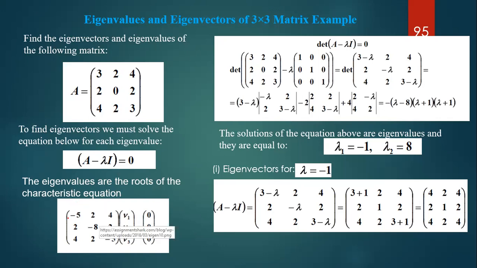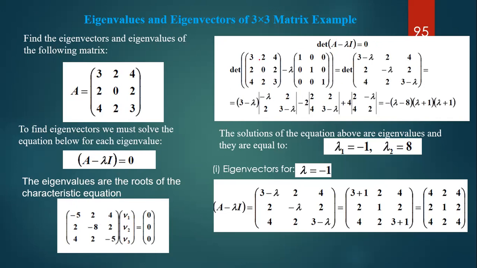So let's put it in the vector form, v1, v2, and v3 as the vectors in the space, and then the determinant of this A minus lambda I. So the determinant of A minus lambda I is equal to 0 means the characteristic equation.